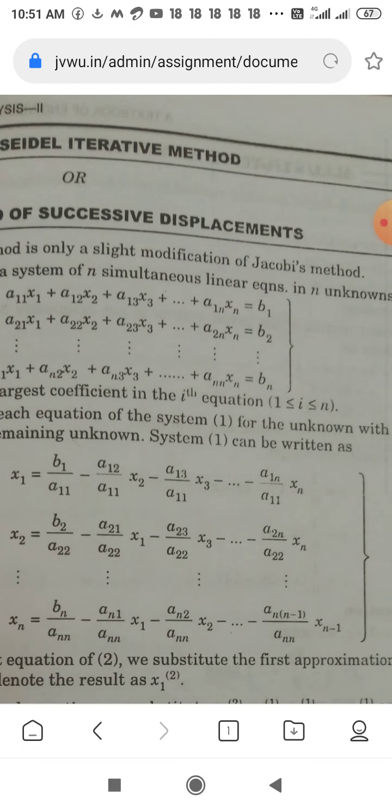Consider the system of simultaneous linear equations in front of you: a11 x1 plus a12 x2 plus a13 x3 dot dot dot a1n xn is equal to b1. Next, a21 x1 plus a22 x2 plus a23 x3 plus dot dot dot a2n xn is equal to b2.